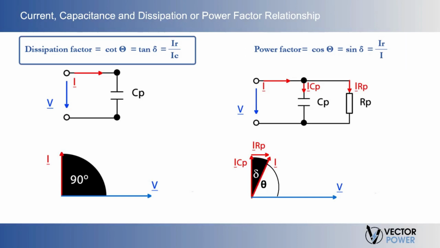And the dissipation factor is defined as the cotangent of theta, which also equals the tangent of the angle delta, or more simplified, it equals the resistive current divided by the capacitive current.